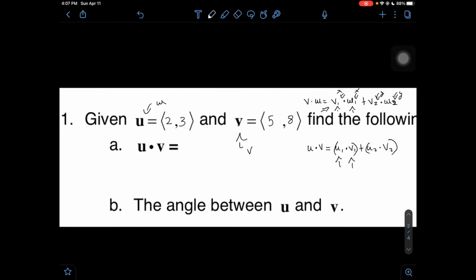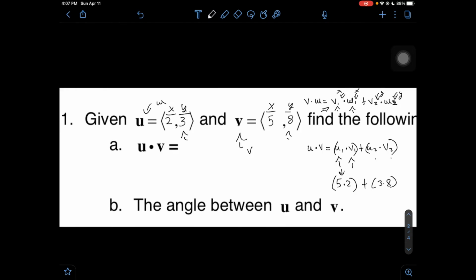The x value for our u vector is 2, and for our v vector, it's 5. So we have 5 times 2, that's going to be our first parentheses, plus, now for u2 and v2, the 2 subscript represents the y values. So we have 3 and 8, both our y values from our coordinates. So we have 3 times 8.